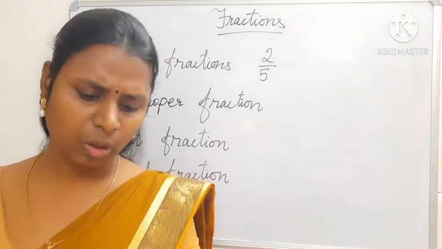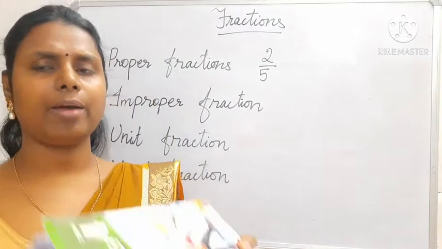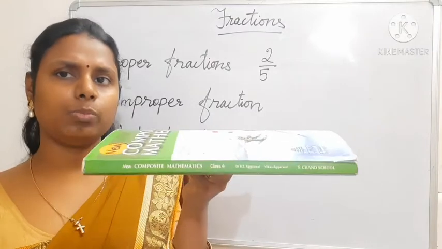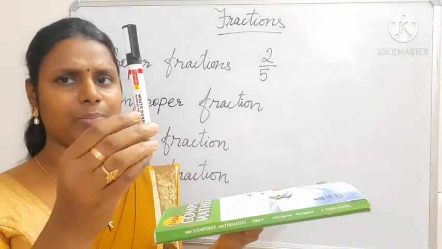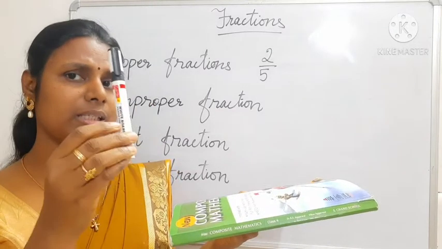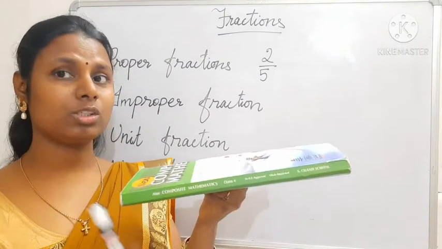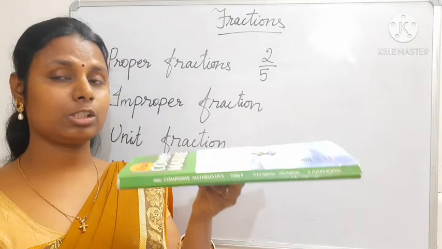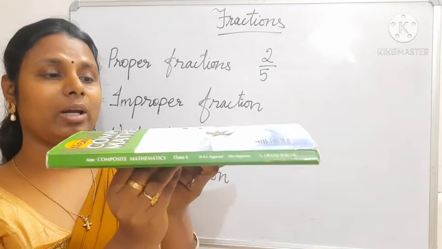Now I am having my maths book here, and I am having a marker here. See, this marker is the denominator. Now this book is the numerator. This book is quite big, so I am keeping the marker down and carrying it.